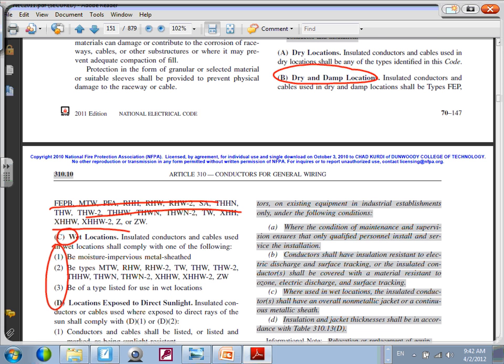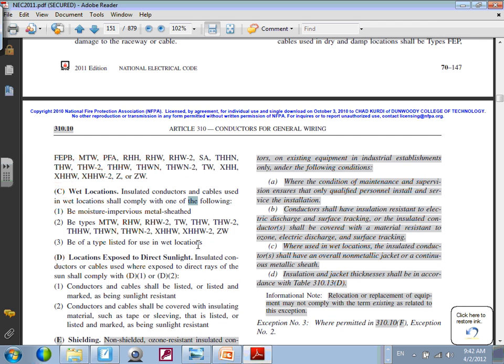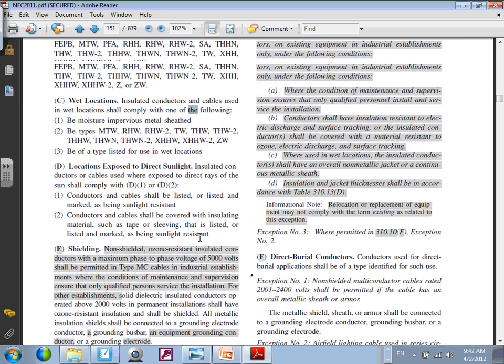So please highlight. We all know that, but this is where you can find in the code where it tells you that THHW or THWN are actually for wet location. Any comments about these? These are very, very important to understand the locations of the cables. Which one can be used in dry? Wet location is the most important thing. Dry and damp. Shielded, not for you yet at this point.